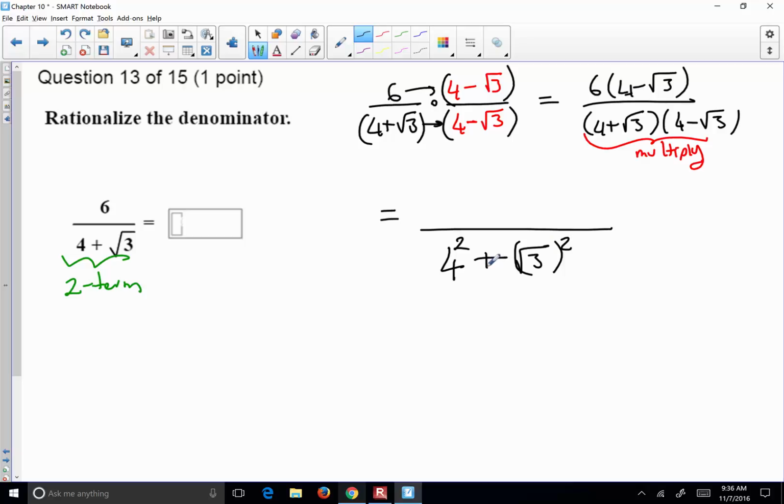Rule says square first, square second, and put what? It's always the minus. Square first, square second term, and put a minus in between. It's called square difference formula. They would say square sum formula if this would be a plus. Okay?